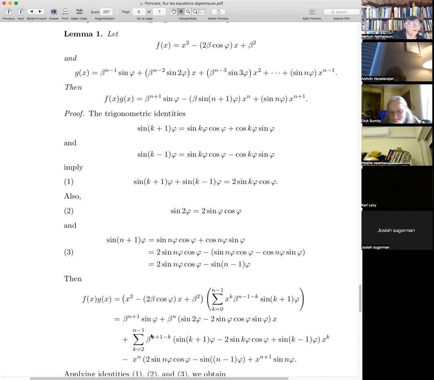And then you have all the terms from the powers x to the k from 2 to n minus 1. So for example, for the linear term, when you collect everything, the coefficient is sine 2 phi minus 2 sine phi cosine phi. This is just another typo. That's 0. That's just the double angle formula.